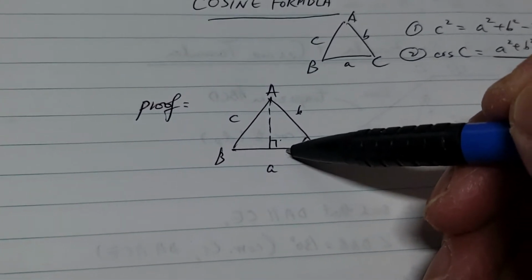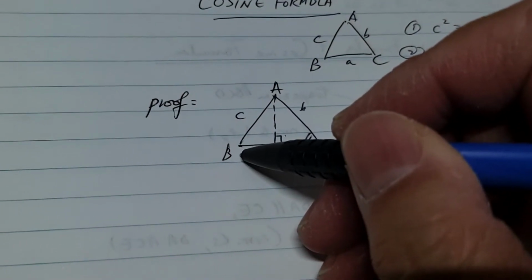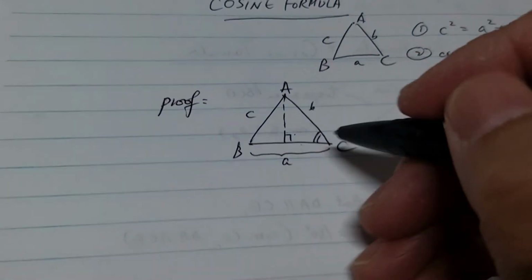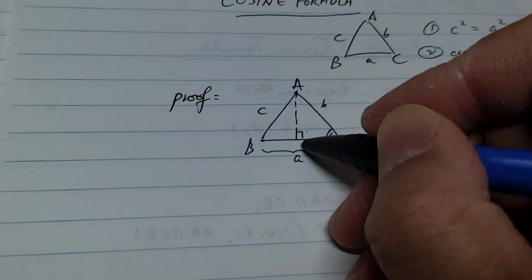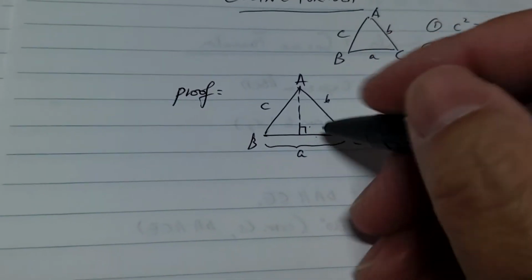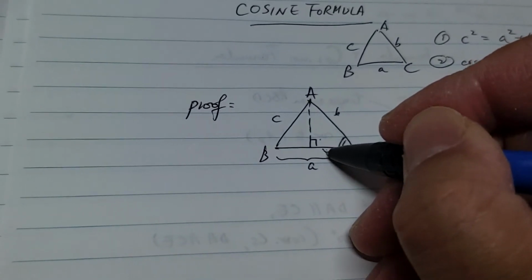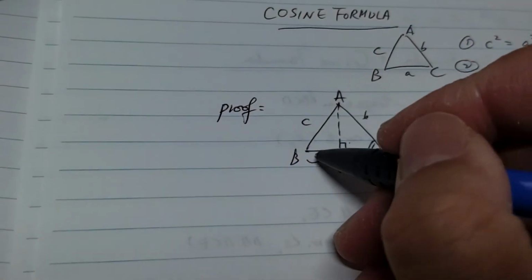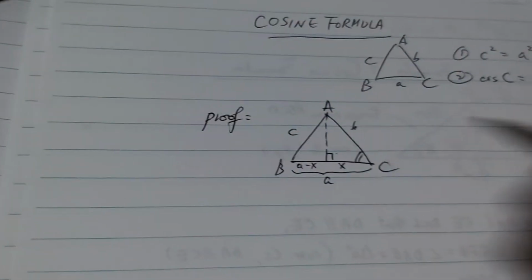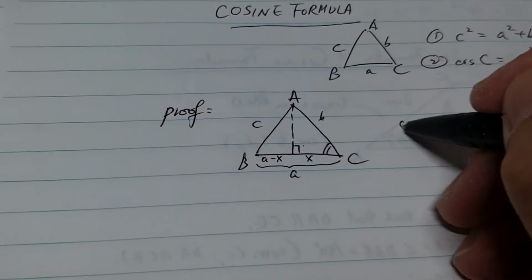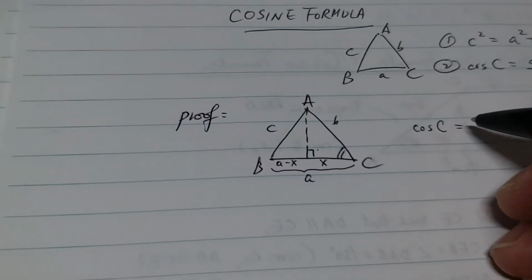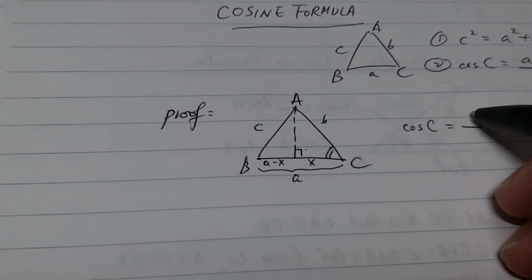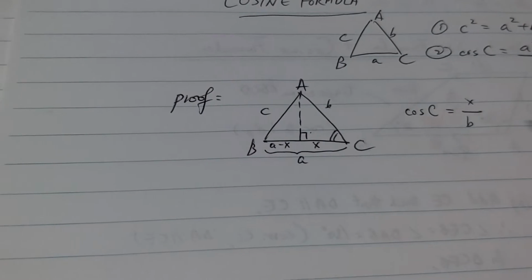The adjacent side. However, this length is a, so we need to define the length of this first. We assume this is x, then this is a minus x. So cosine C is x over b.